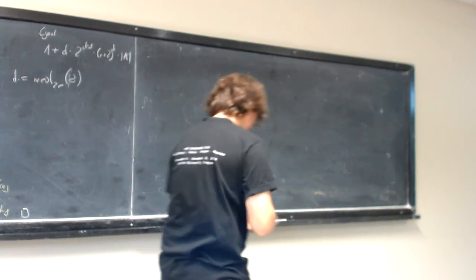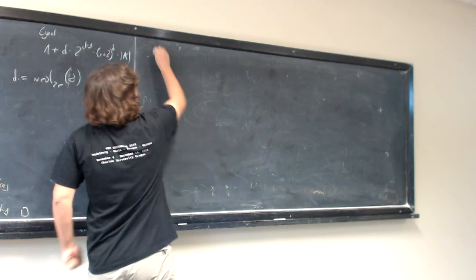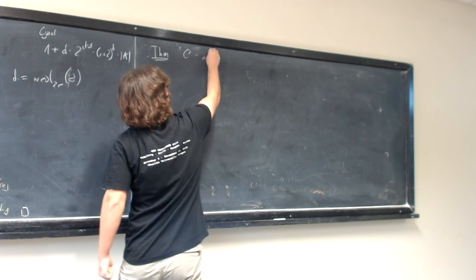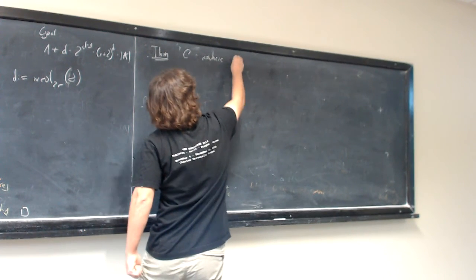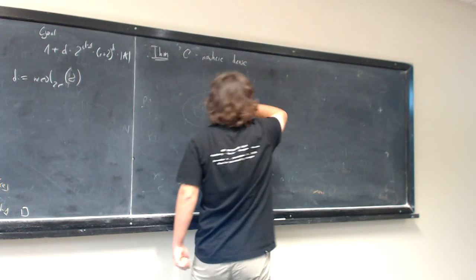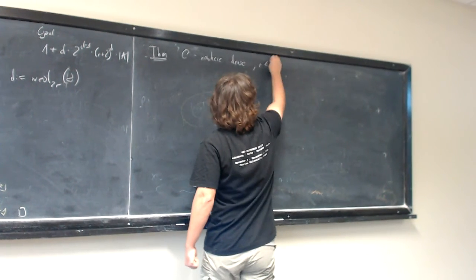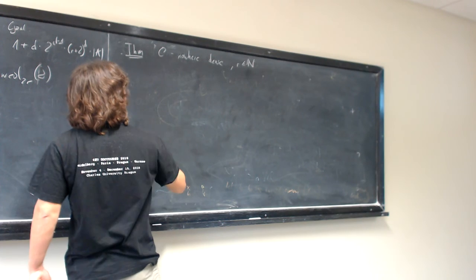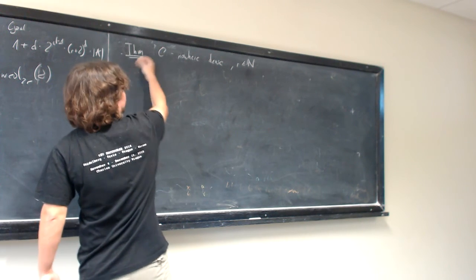Theorem. C is nowhere dense. R is fixed, and epsilon is fixed.